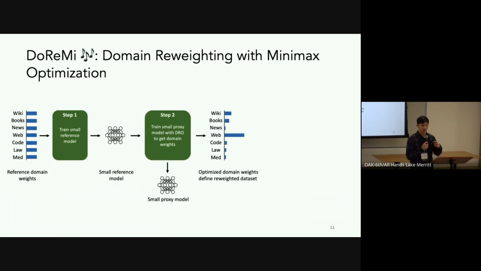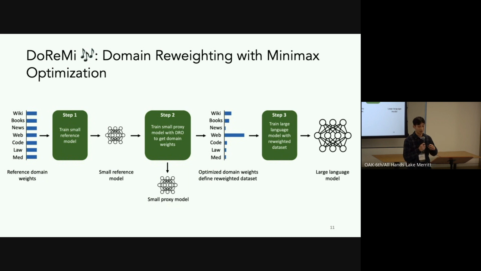The reference model is used in the calculation of the excess loss in step 2, where we train a small proxy model with distributionally robust optimization. The output of this step is some optimized domain weights, and these domain weights define a reweighted data set. This reweighted data set we can use to train a much larger language model.